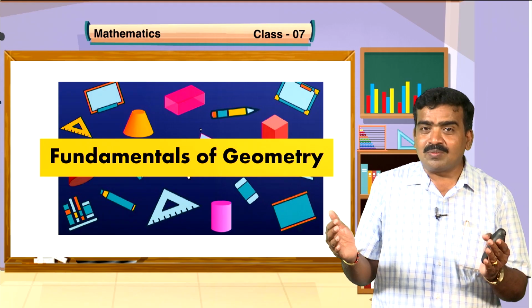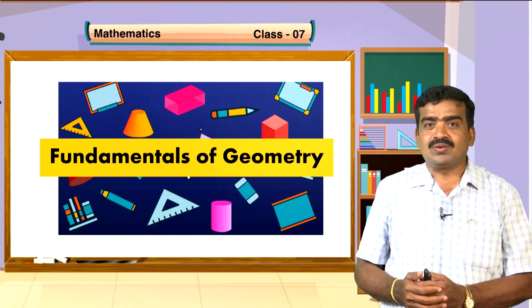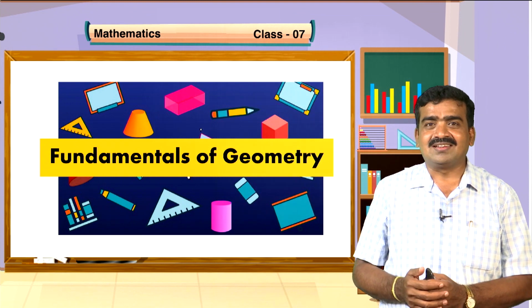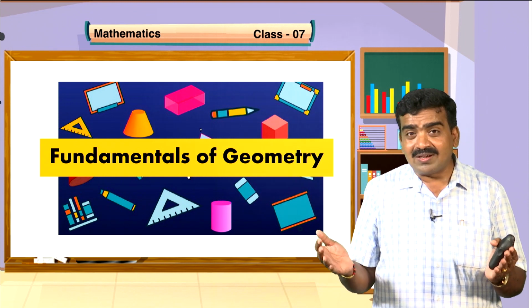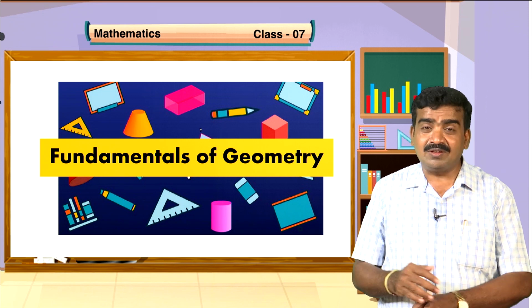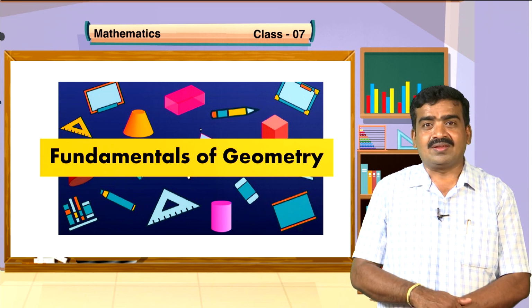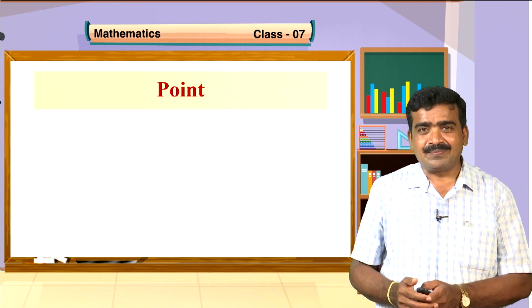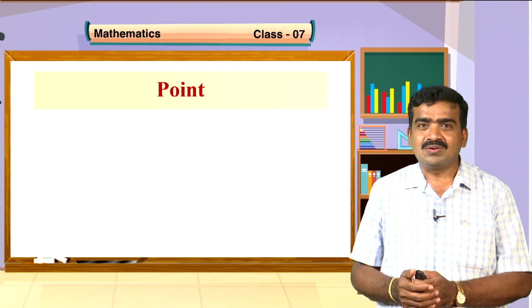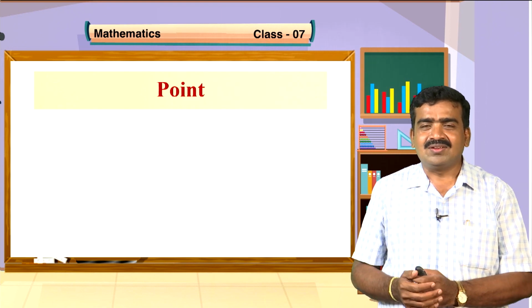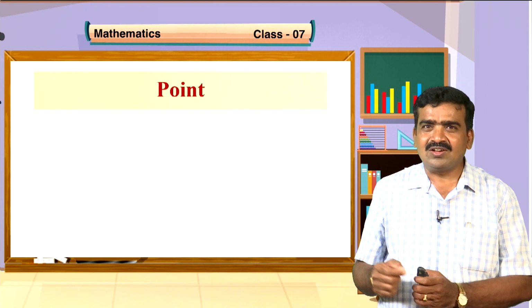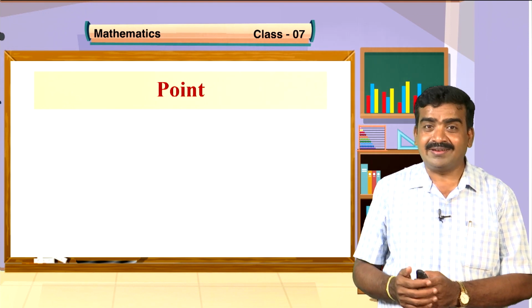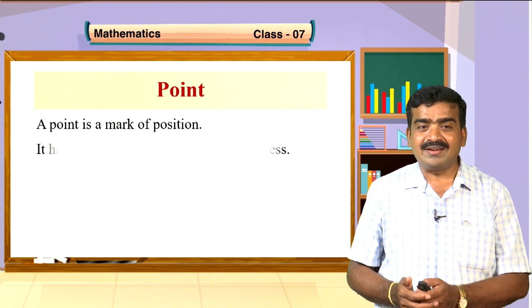To understand more about the geometrical concepts, we have to recall the fundamental things of the geometry. You have learned many fundamental concepts of geometry in the previous classes. You know about the point. What is a point? If I am going to ask you to draw a point, immediately you are going to take the pencil and mark on the page and name it as point A. Then what is a point?